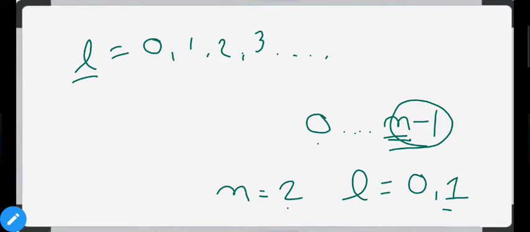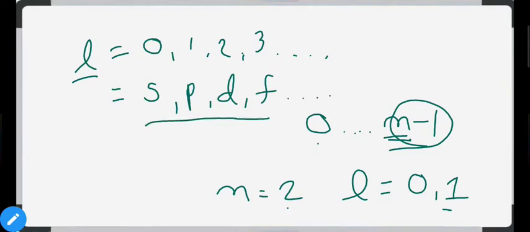Now we can represent these L values with alphabets as well. 0 represents s, 1 represents p, 2 represents d and 3 represents f and so on. We will learn up to f because in our periodic table all the elements contain orbitals maximum up to f.